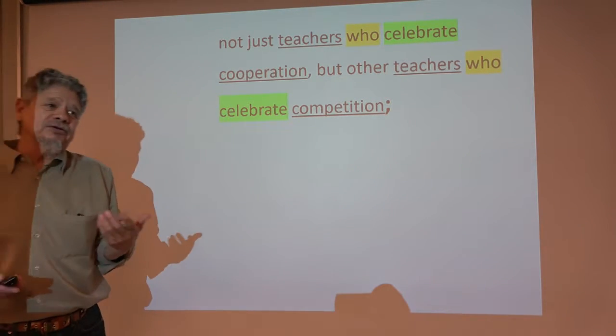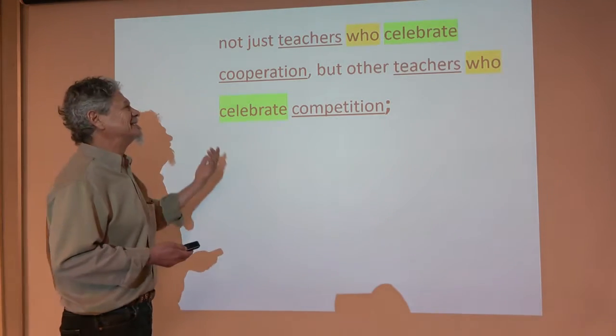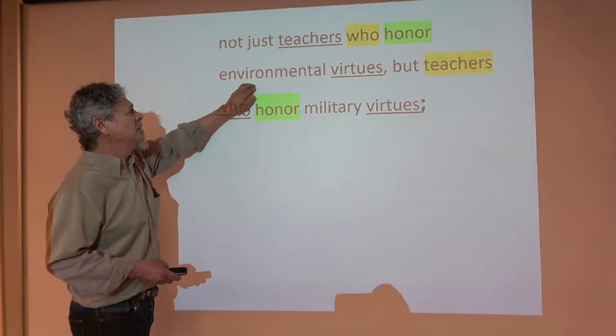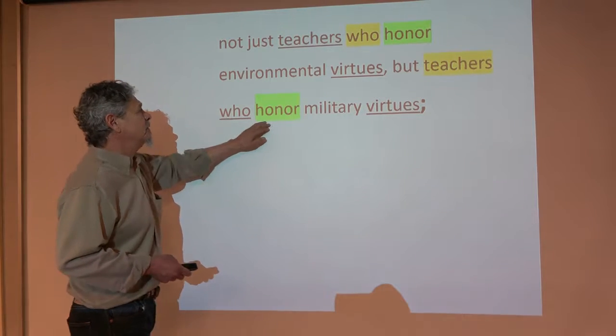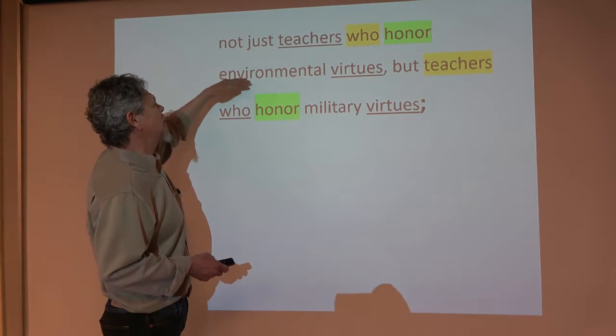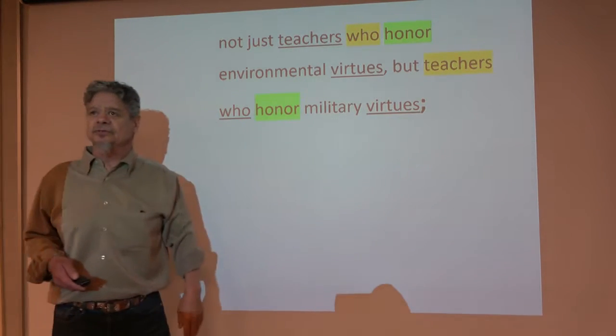I like this because, you know, in my class we have group competitions, right? So I like this. He says we should have teachers who honor environmental virtues, but teachers who honor military virtues.